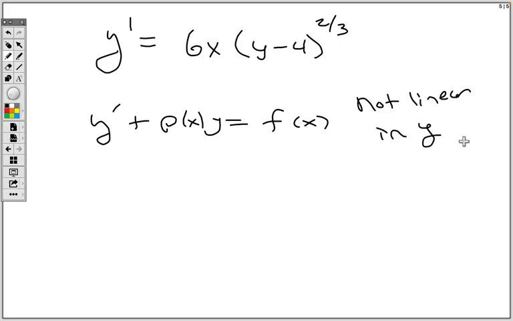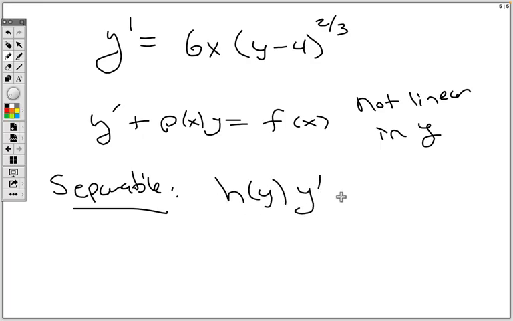The take-home has an example where something's not linear in y, but it is linear in x. So the take-home has you turn things around a little bit. Anyway, so it's not linear in y, so let's see, is it separable? Can we write it as an h of y, y prime equal g of x?